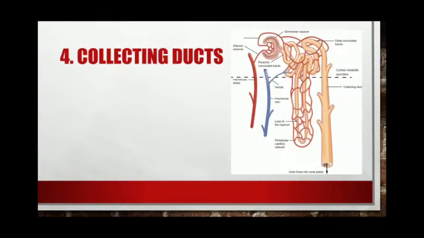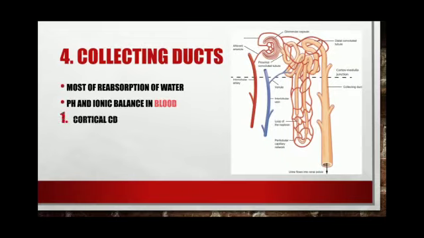The collecting duct is a long duct that extends from the cortex of the kidney to the part of the medulla. A large amount of water is reabsorbed from this region, which produces a concentrated urine. It also helps in the pH and ionic balance in the blood.